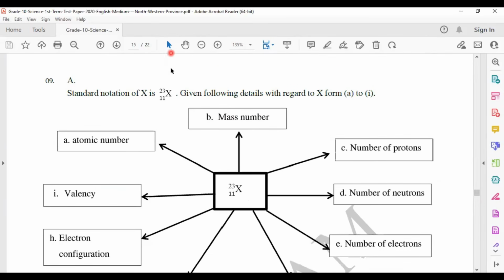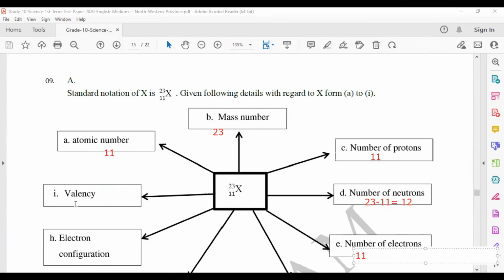Atomic number is 11. Mass number is 23. Number of protons is 11. Number of neutrons: subtract 11 from 23, the answer is 12. Number of electrons is 11.